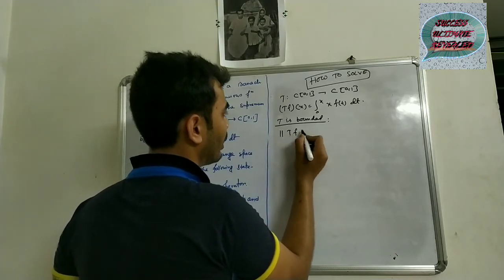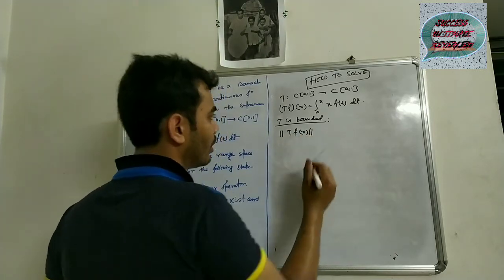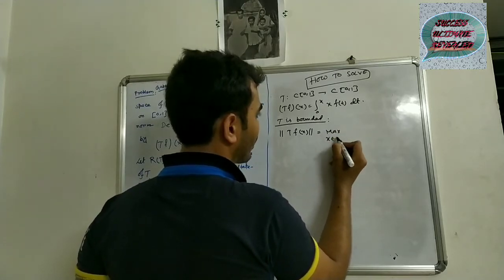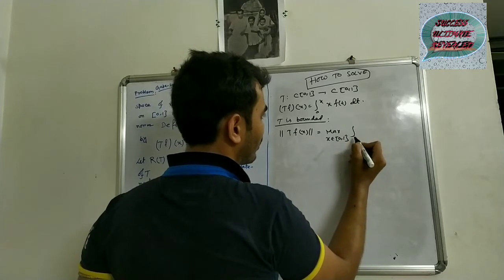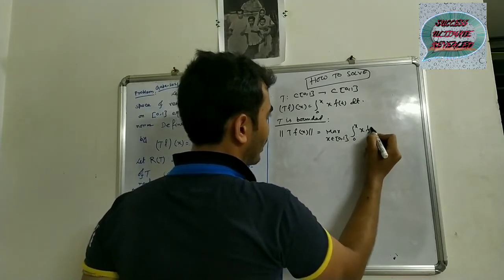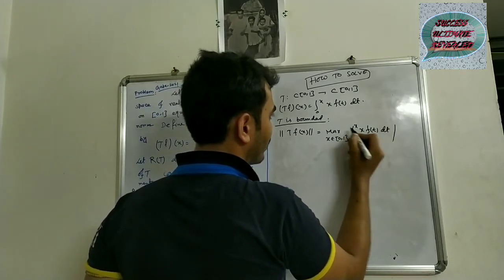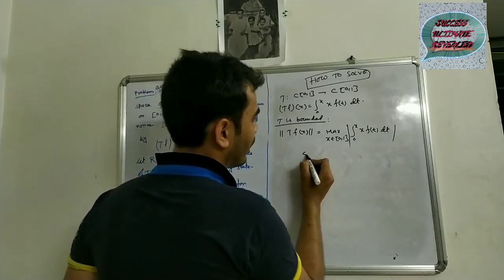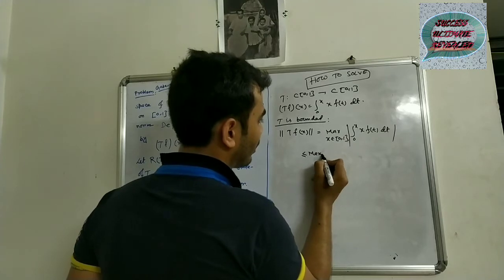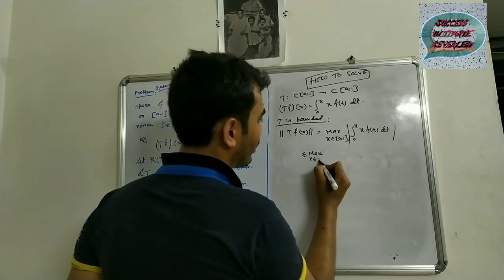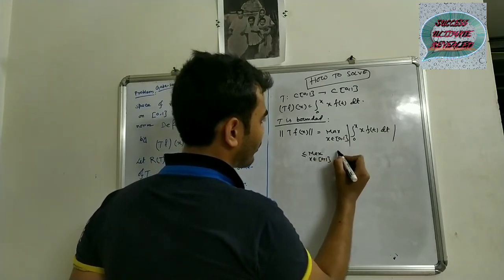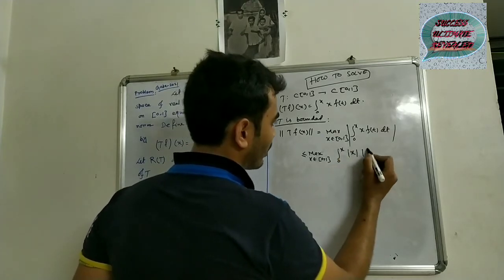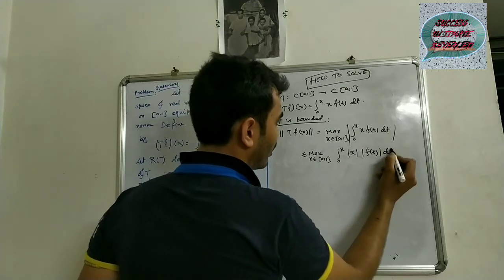Norm of Tf(x) is equal to the maximum over x in [0,1] of the integral from 0 to x of f(t) dt. Clear? And this is less than or equal to the maximum over x in [0,1] of the integral from 0 to x of mod of x into mod of f(t) dt.